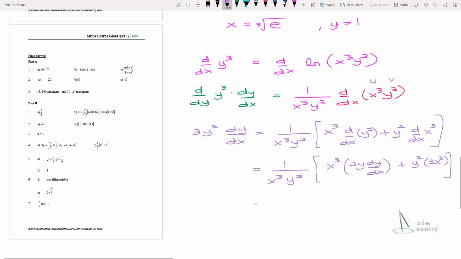So let me simplify this. So it will become 2x cube y over x cube y square dy over dx plus 3x square y square over x cube y square.